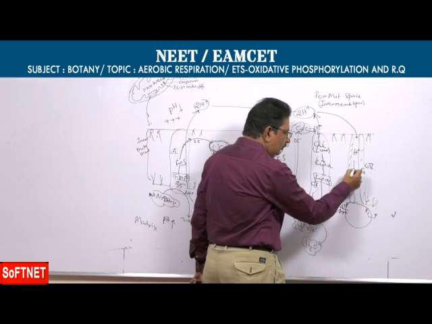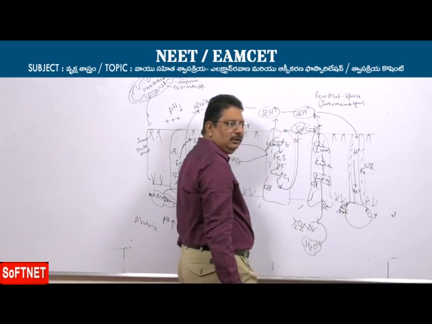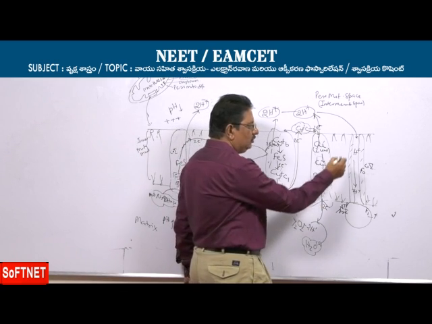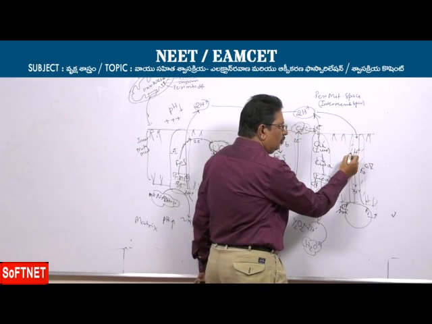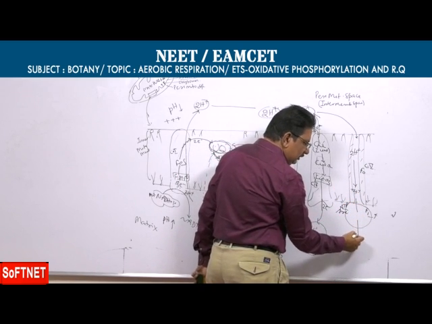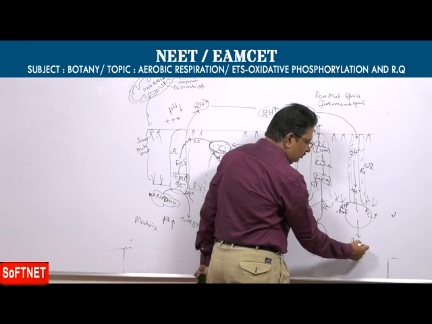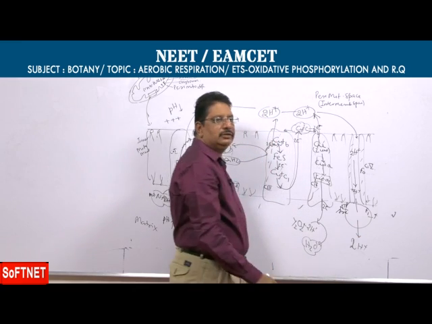Complex 5 has channels like F0. Through this channel protons are moved and finally reach the F1 particle and are released into the matrix.